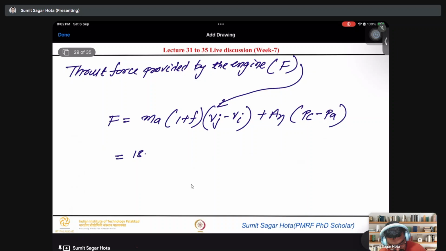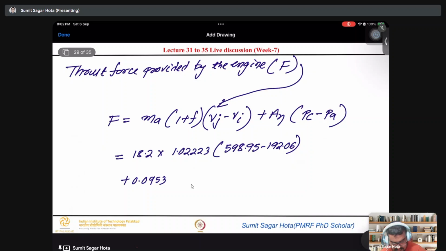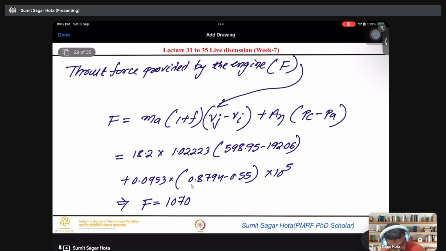This is 18.2 into 1.0333 into (598.95 minus 192.06) plus 0.0953 into (0.8794 minus 0.55) into 10 to the power 5. So F is equal to 10708.78 Newton. So here is the fourth bit answer.